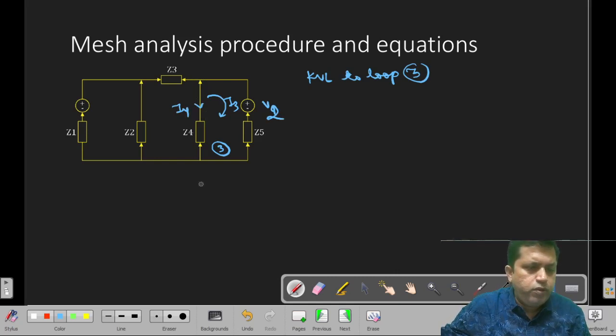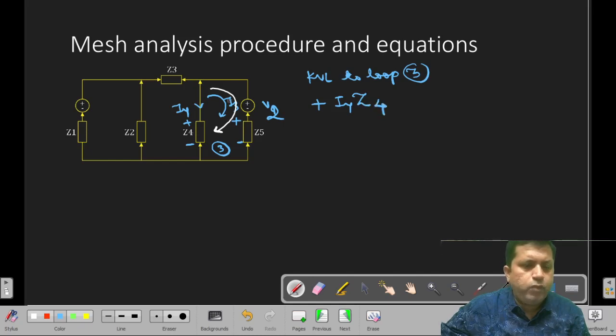Okay, so the terminals are plus minus, this terminal is plus minus. So if I apply from Z4, what is the KVL direction? Same as the loop current direction.